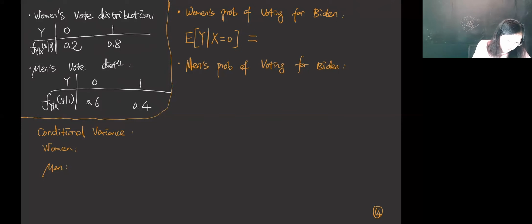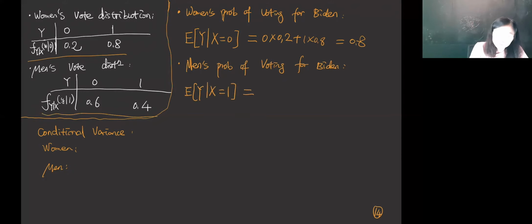We use the distribution given in this table. So 0 times 0.2 plus 1 times 0.8, and that is 0.8. And men's probability of voting for Biden can be calculated in a similar way using this conditional distribution table. So that is 0.4.